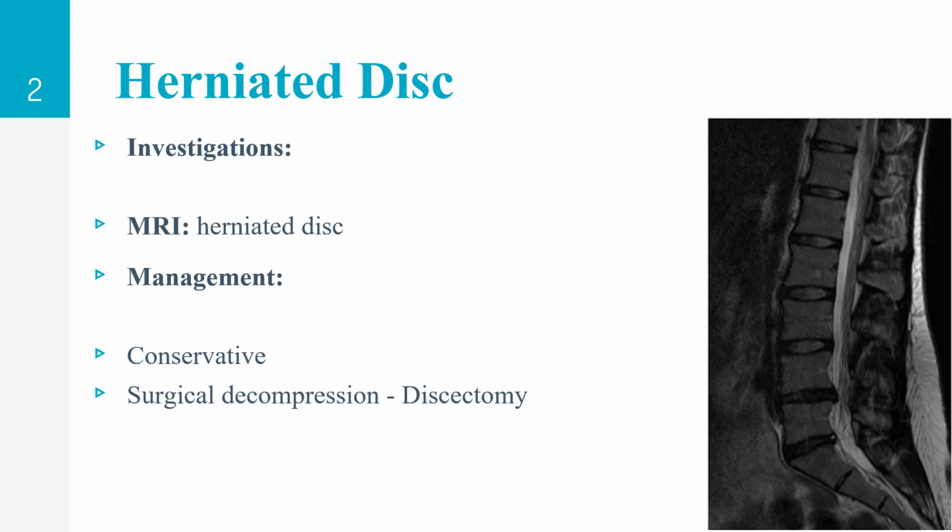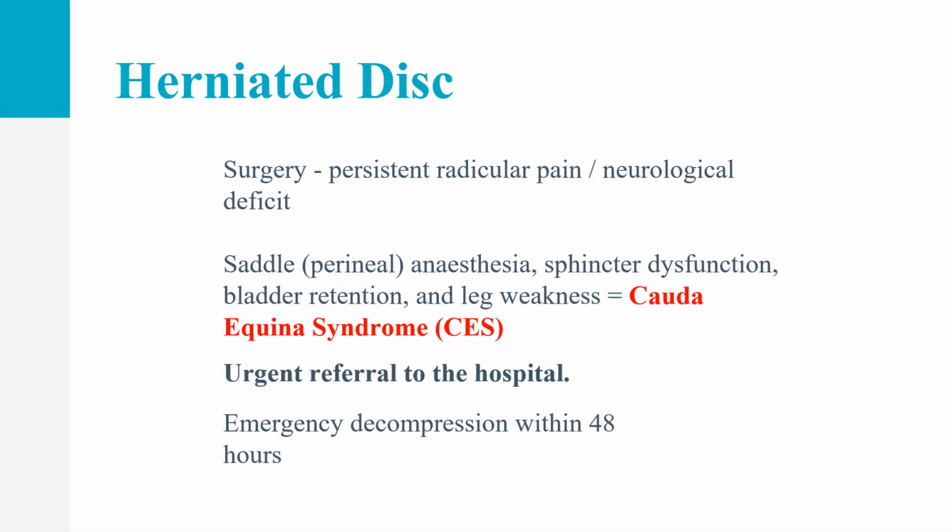So the diagnosis is made only by MRI, and for management only two treatments are available, either conservative or surgical decompression. If the patient has pain over the limb and there is no neurological deficit, you can do conservative treatment. The conservative treatment is rest in the initial days and NSAIDs, as I told in the lumbar muscle strain.